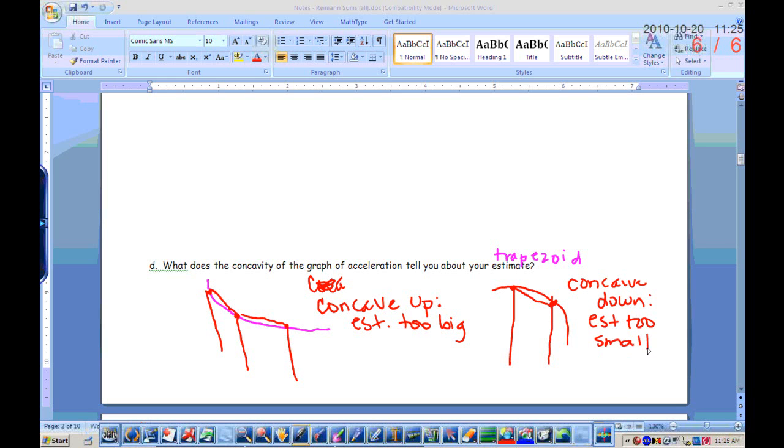And once again, that's something that I have not memorized, but I'll just very quickly draw a concave up or concave down and connect 2 points on that to see if my trapezoids are above or below.